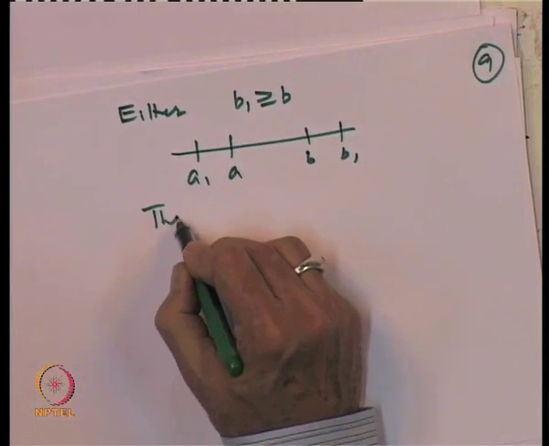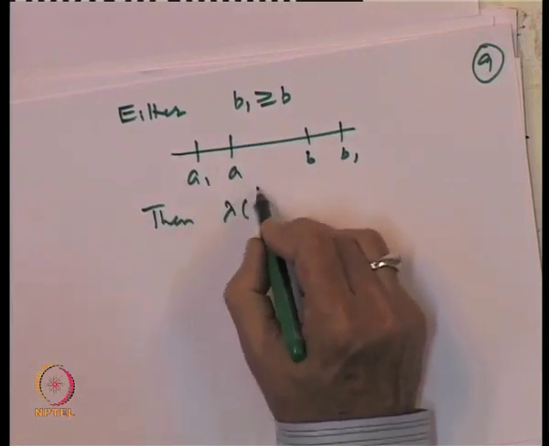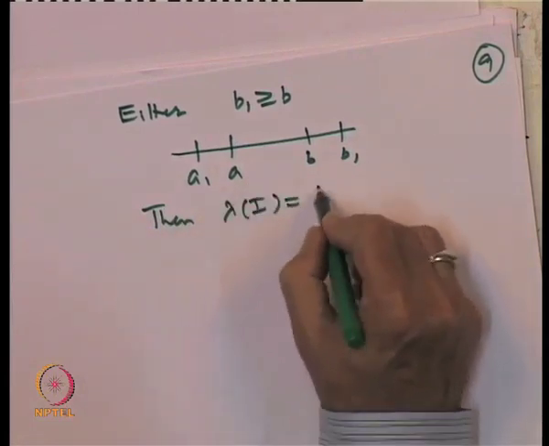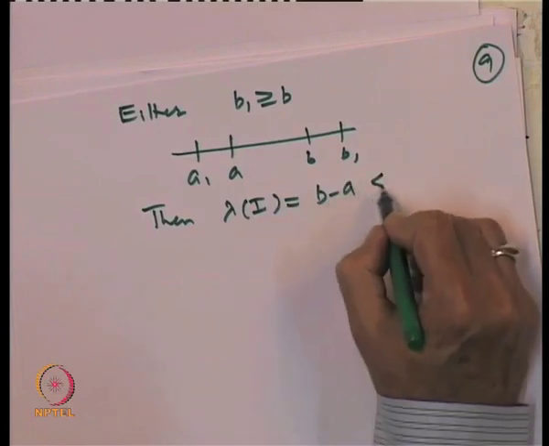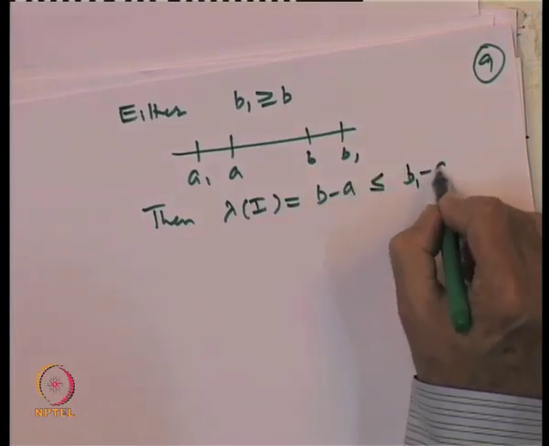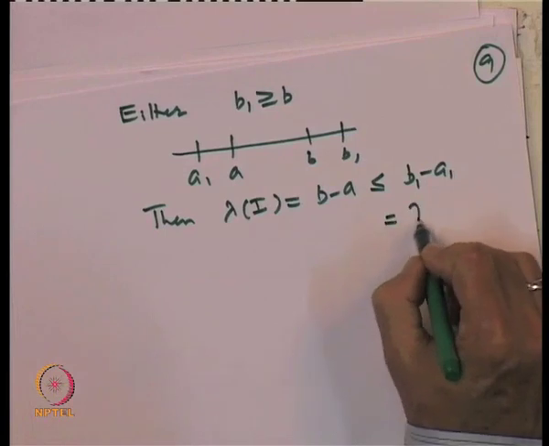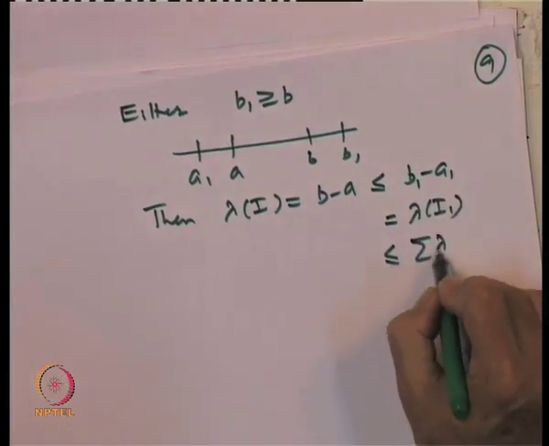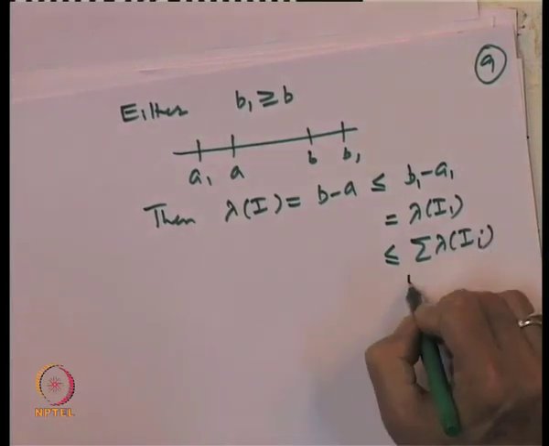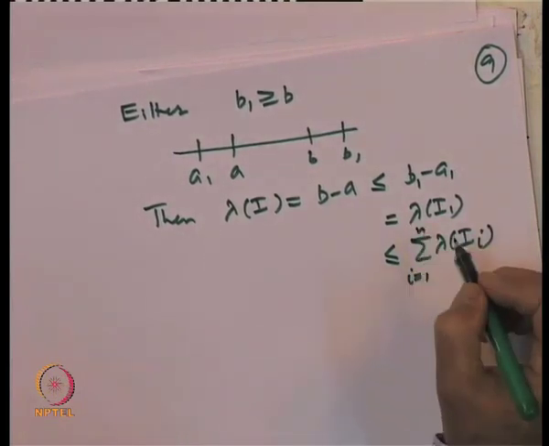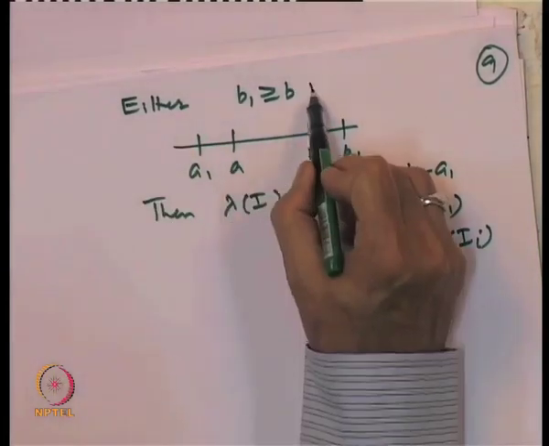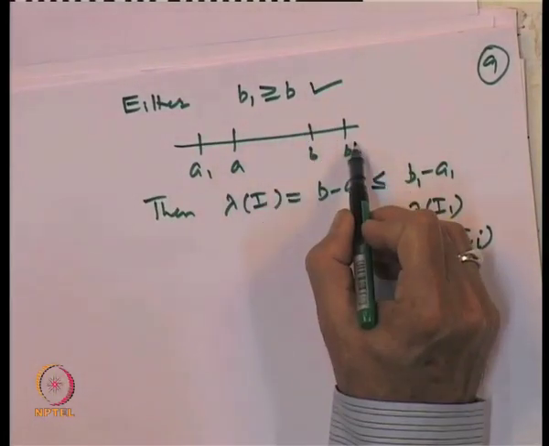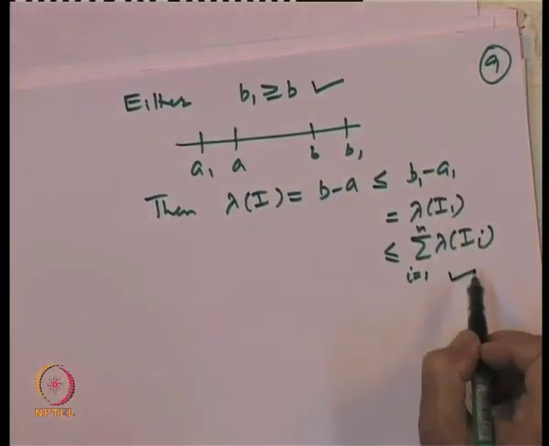Then length of I, which is equal to b minus a, is less than or equal to b_1 minus a_1, which is equal to length of I_1, and which is obviously less than or equal to the summation of lengths of I_i, i equal to 1 to n. So, in the case b_1 is on the right side, we are obviously through by this case. So, what is the other possibility?